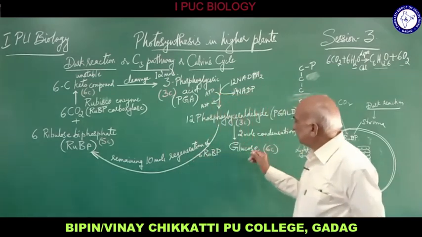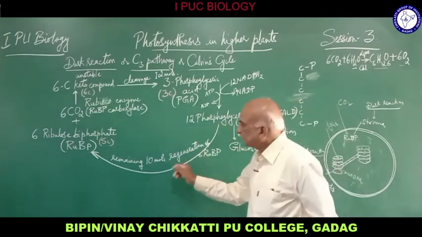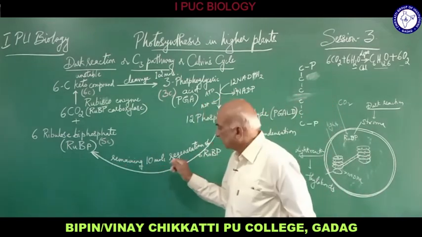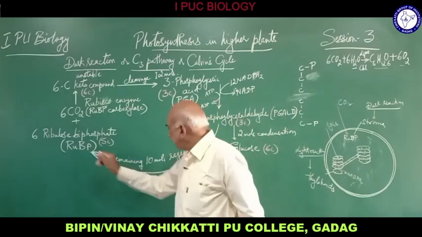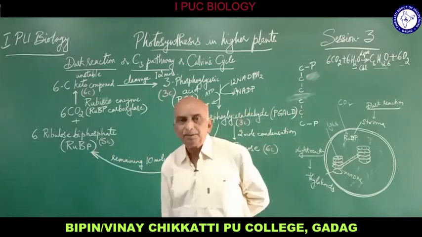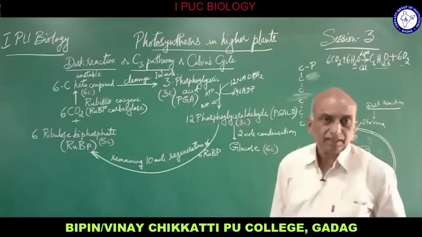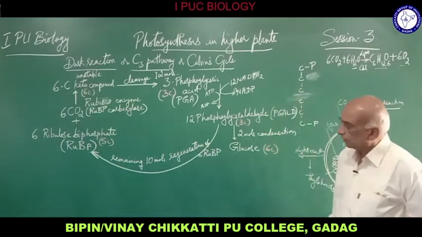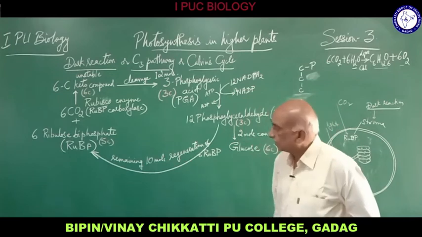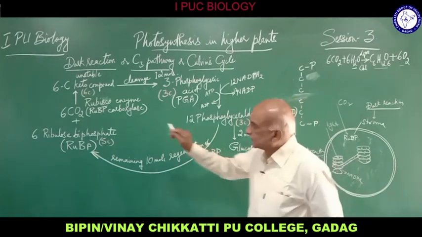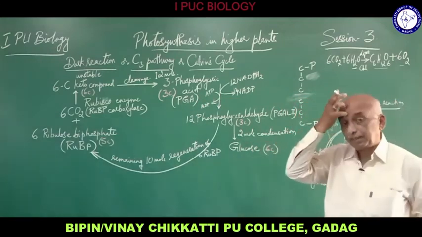So ultimately 2 molecules form glucose. Now the remaining 10 molecules of PGALD are used in the regeneration of the 6 RuBP, which has been used in the reaction. This regeneration again involves the formation of various intermediate compounds, and thus RuBP is regenerated. That is how 6 CO2 gives rise to 1 glucose in the dark reaction.